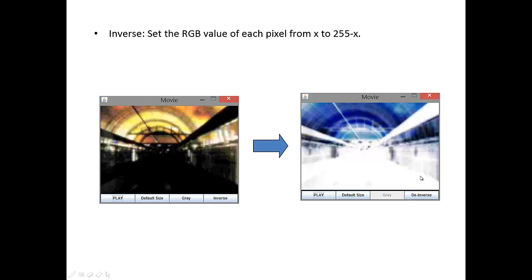So when you are viewing the inverse video, you cannot see the gray video, and vice versa. But you can see the default size or original size of either the gray video or the inverse video.